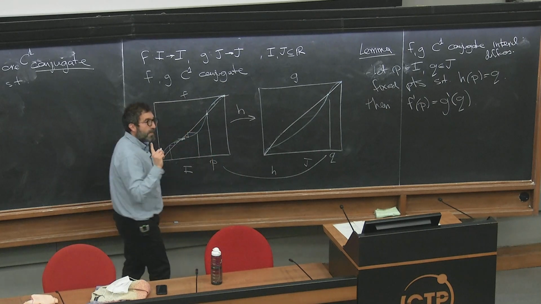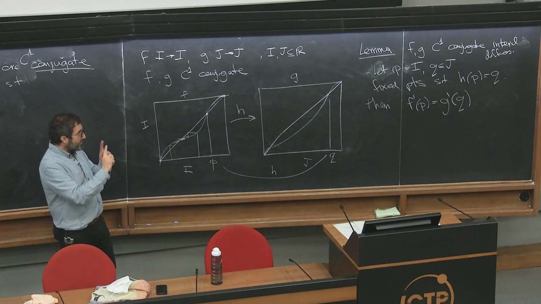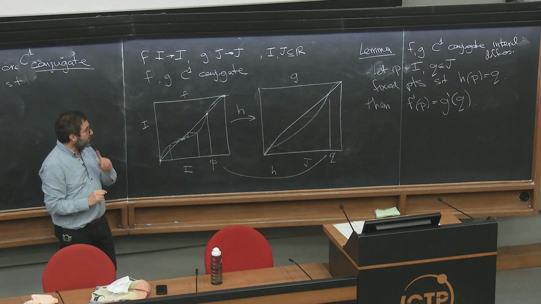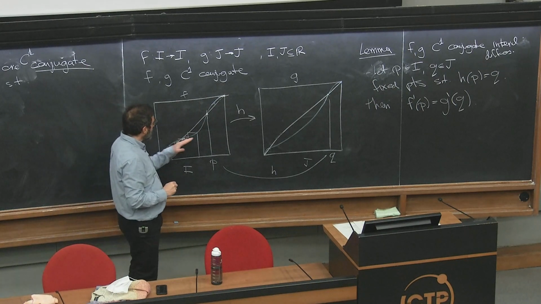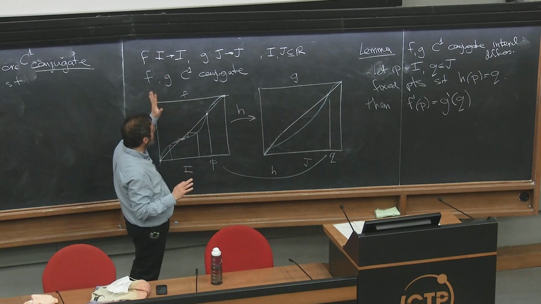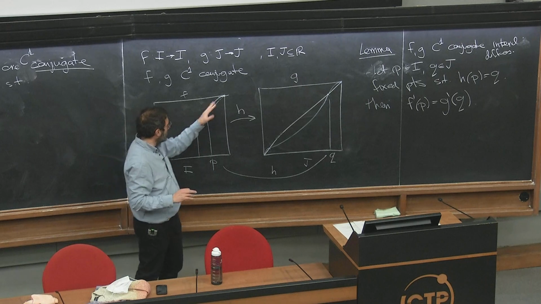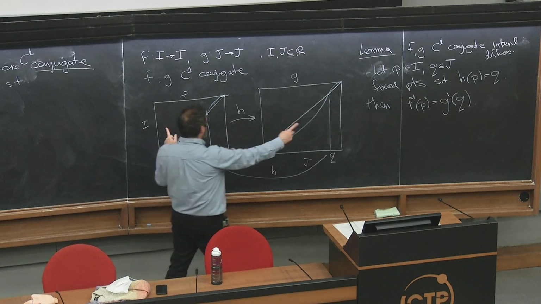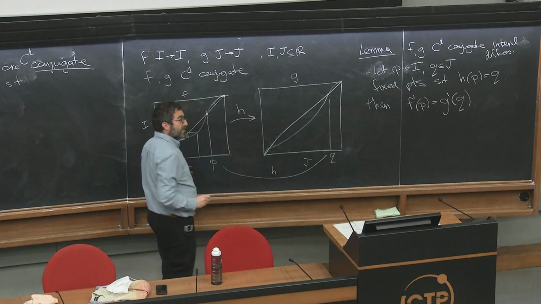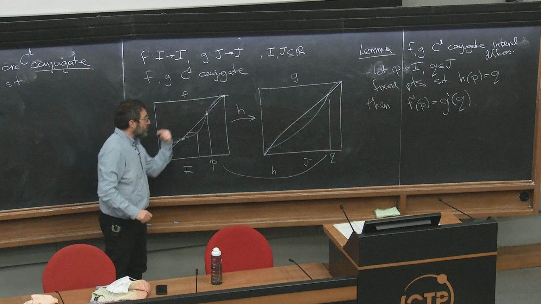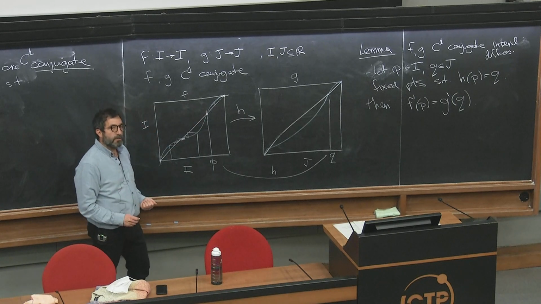As you shall see as you do the exercise, it does not mean that the derivative should be the same at every point. No, the two maps can be C1 conjugate and the derivative can be different, but if you have fixed points that map to each other, the derivative must be the same. If you have periodic orbits, then the derivative must also be the same at the periodic orbit.